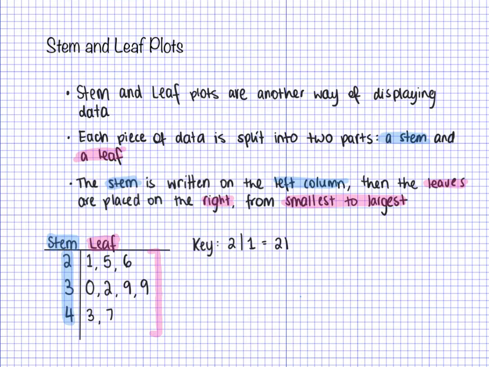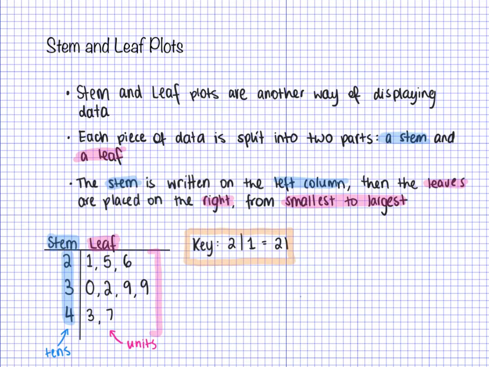Now, to be able to read this, we need to make sure we have a key. With every stem and leaf plot, we have a key with it. You can see that this key here is saying that 2 as the stem and 1 being the leaf is 21. So in this stem and leaf, the stem are tens and the leaves are our units.